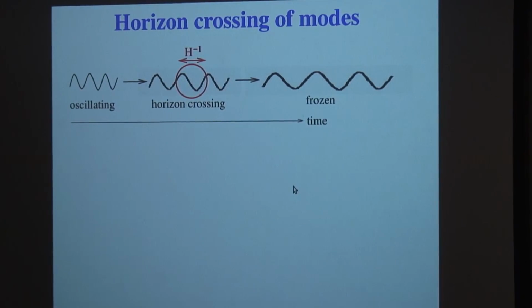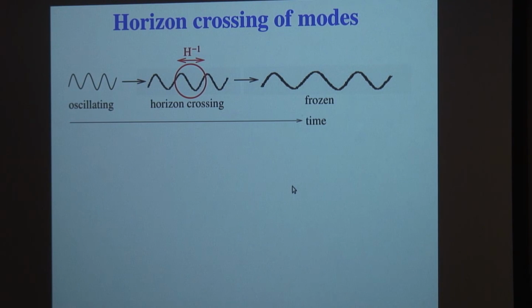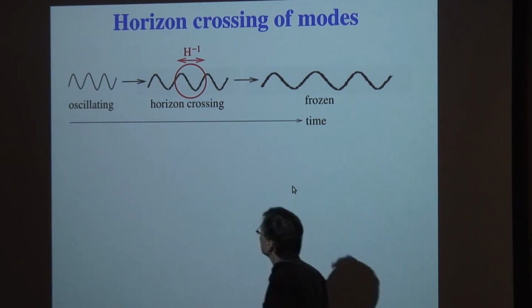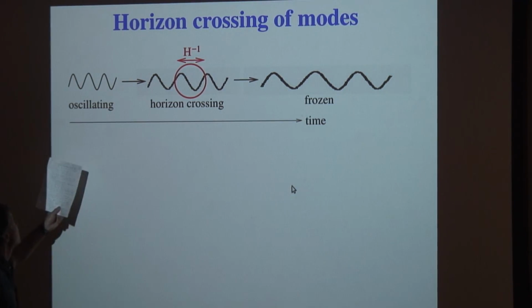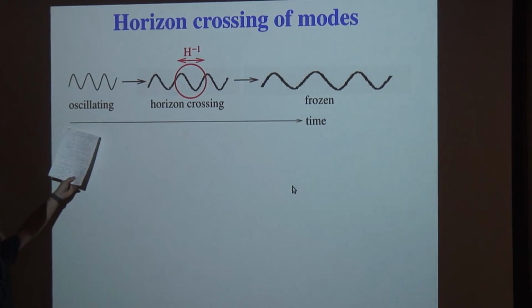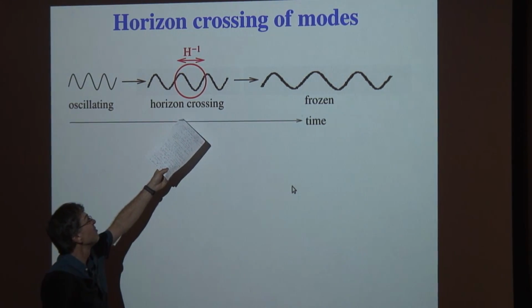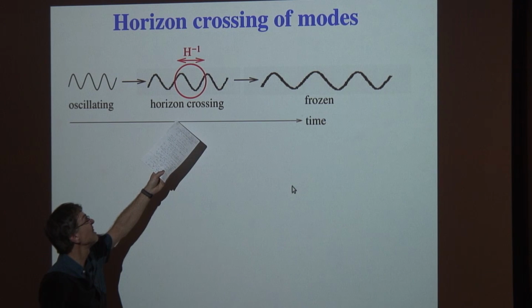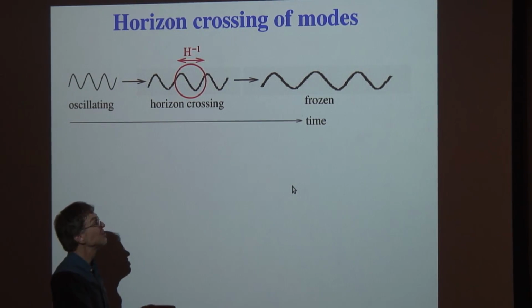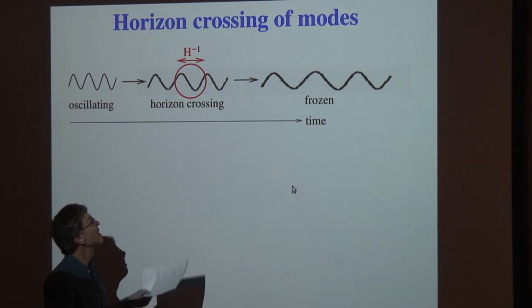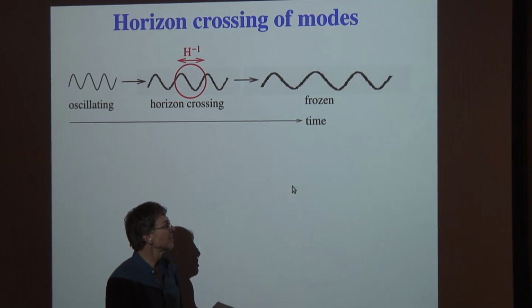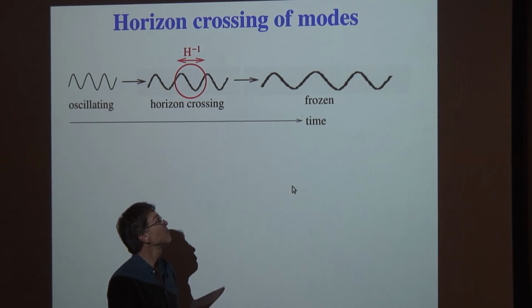That's illustrated by this picture, where we can think of these modes as, at early times, oscillating and being stretched. At some point, they reach the point where their wavelength is equal to the Hubble length, and that's this point z equals 1. After that time, they become frozen in time.